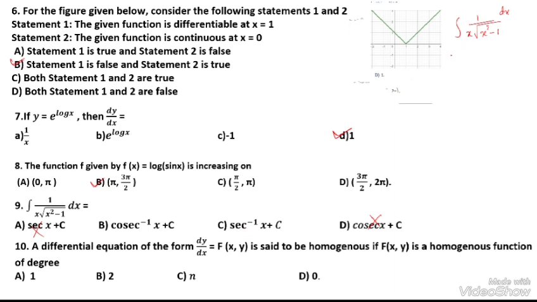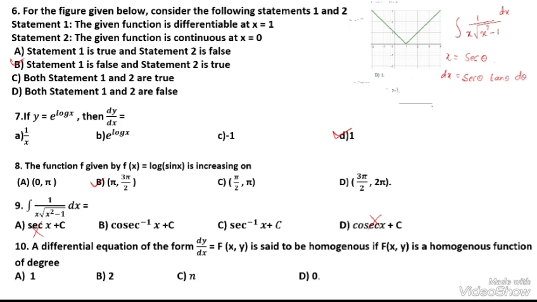Here, first put x is equal to sec theta. Then dx is equal to, differentiating with respect to x, it is dx. Differentiation of sec theta is sec theta tan theta d theta.